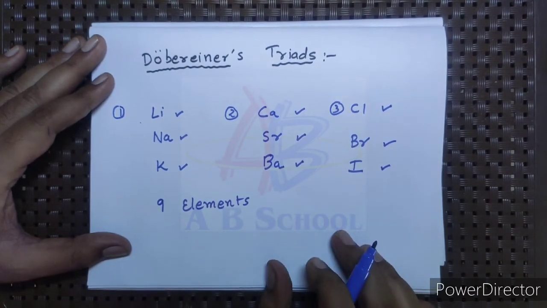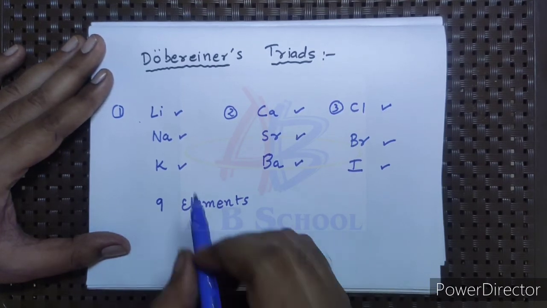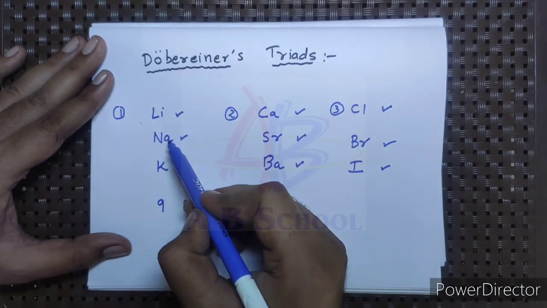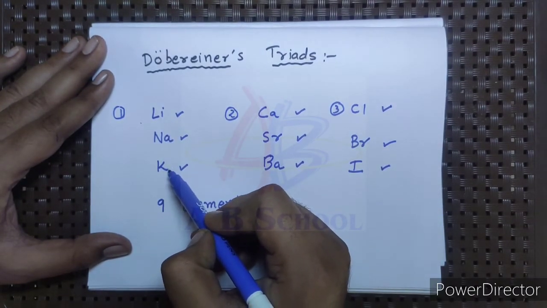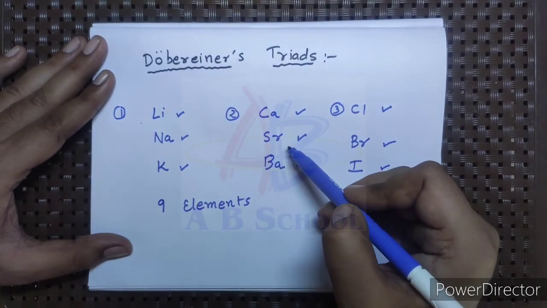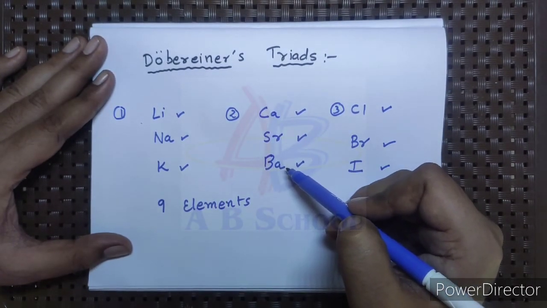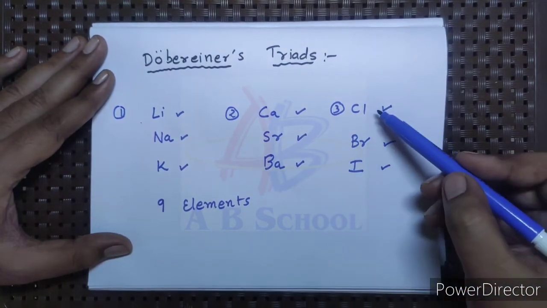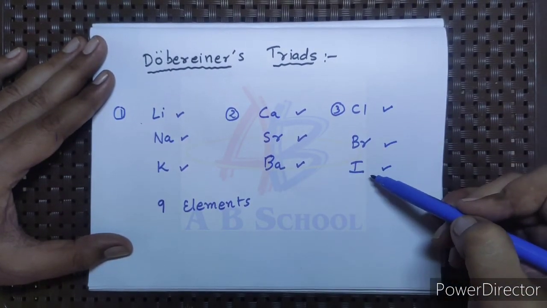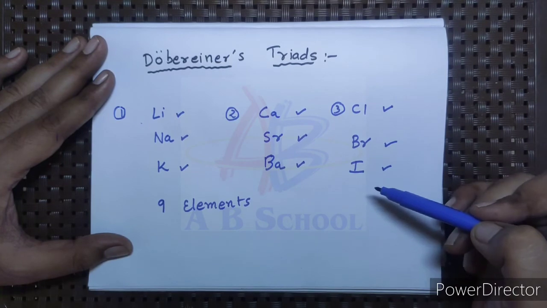Even if he could classify only 9 elements, this attempt is considered noteworthy because this was the first effort of its kind. And even in the modern periodic table, you could find lithium, sodium, potassium belonging to group 1, calcium, strontium and barium belonging to group 2, and chlorine, bromine and iodine belonging to group 17.